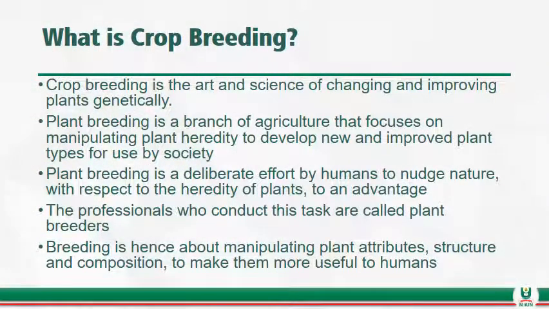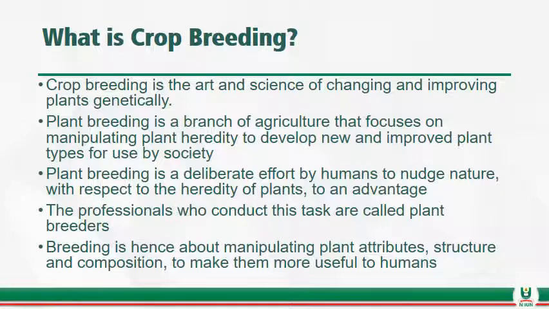As a piece of introduction, we want to define crop breeding. Crop breeding basically is an art and science of changing and improving plants genetically. I'm going to be using crop and plant breeding interchangeably because they are the same thing. A plant is a crop, and plant breeding is a branch of agriculture, just like we have horticulture, animal science, agronomy, and so many others.